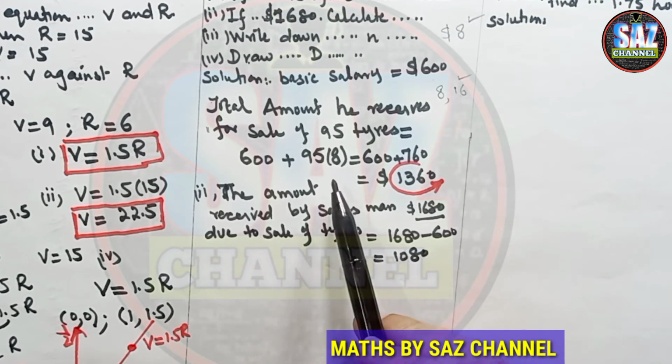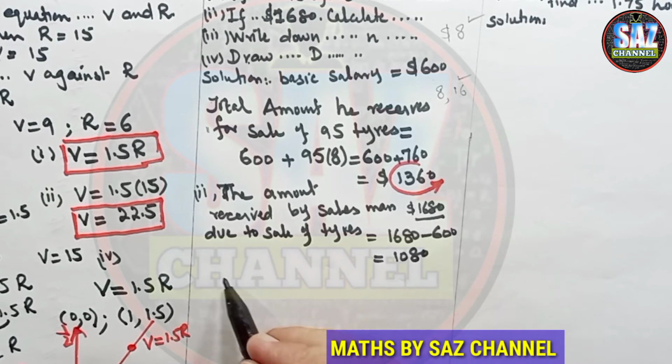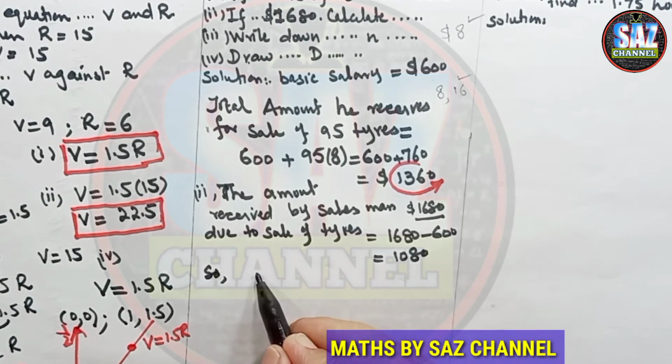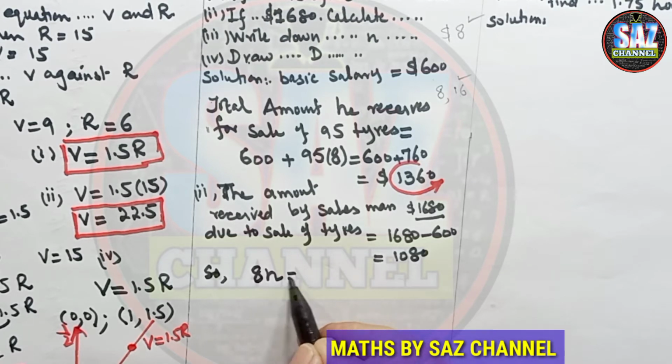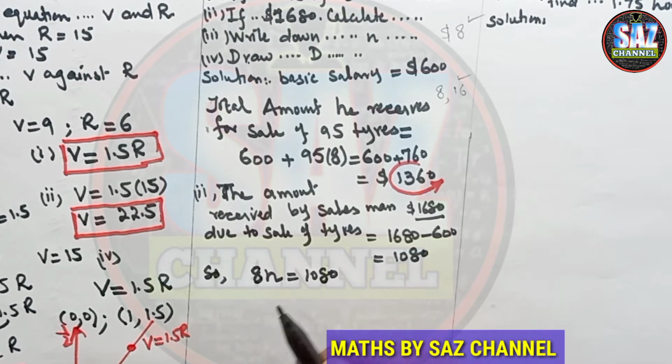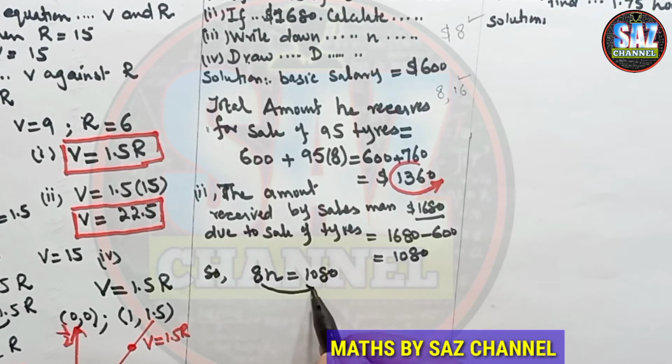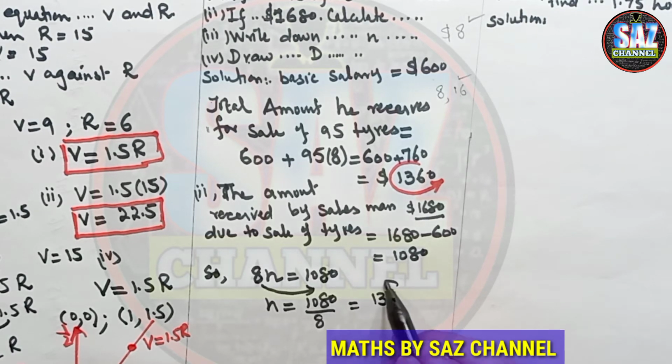Now when he is selling one tire, he is getting 8 rupees. So we have to equate in order to get the number of tires. Let n be the number of tires. 8n equals 1080, and shifting this 8 to the other side, n equals 1080 divided by 8. When I divide 1080 by 8, the answer is 135. So he has sold 135 tires in that month.